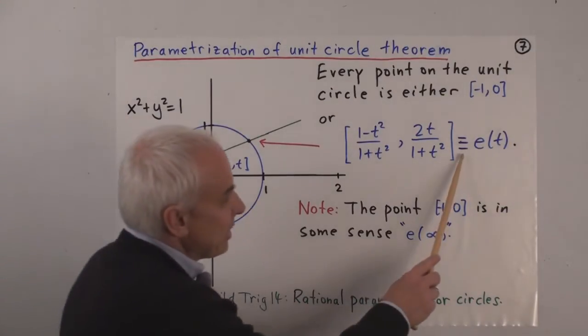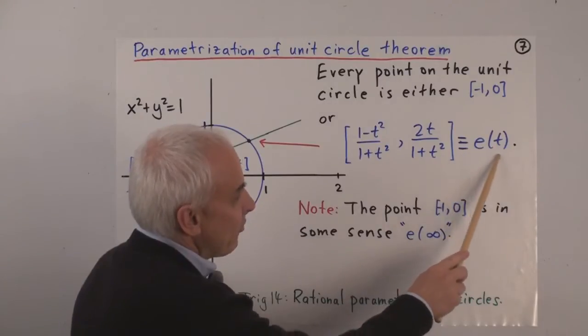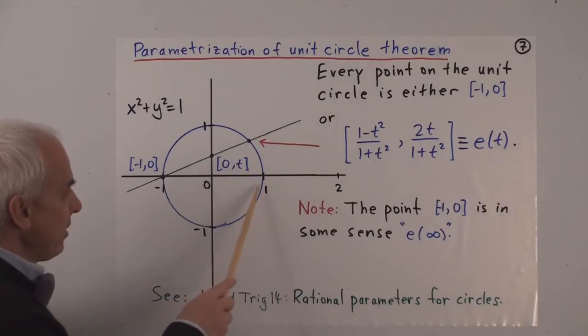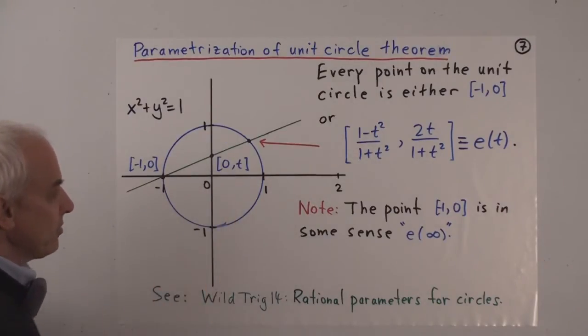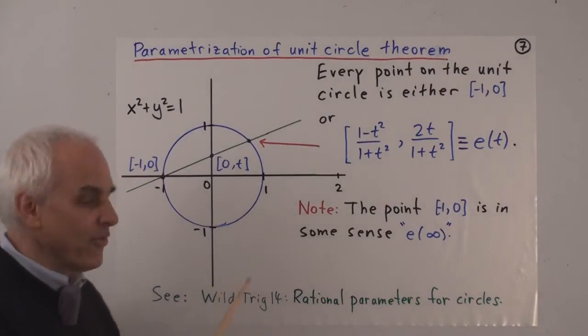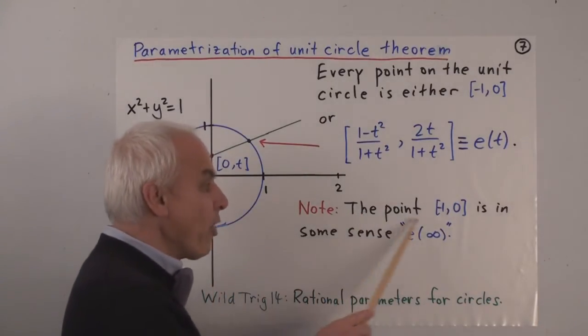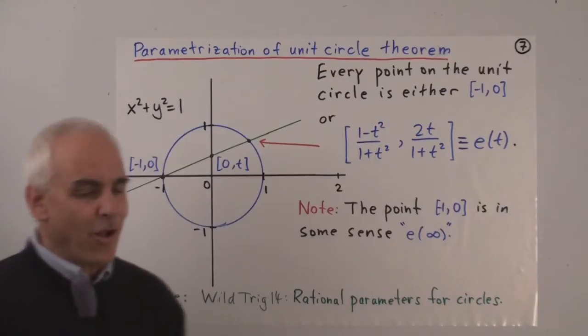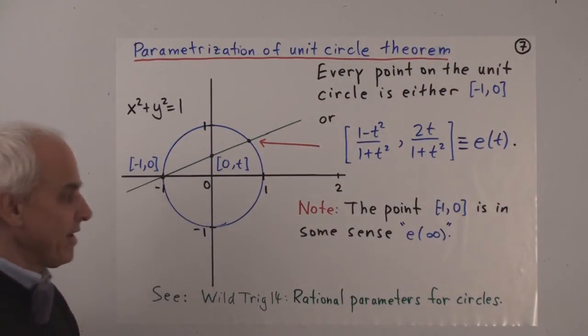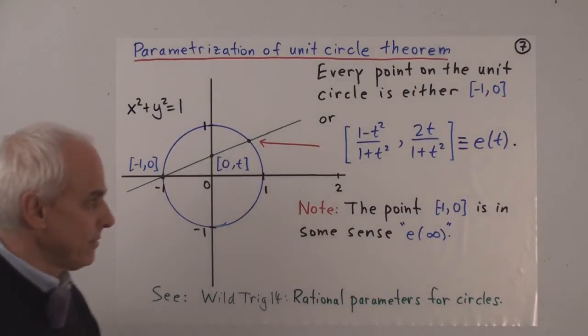And I'm going to introduce a little bit of terminology here. Let's call this point E of t. So for t varying, E of t varies on the circle. And I'll make a little bit of an ambiguous note that the point minus 1, 0 can also in some sense be viewed as an E of something, namely E of infinity.